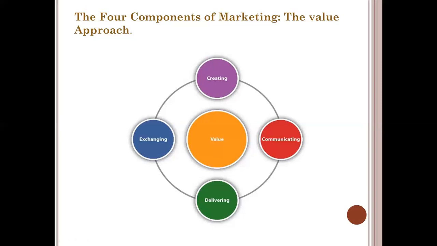Value is delivered in part through a company's supply chain. This supply chain includes a number of organizations and functions that basically mine, make, assemble, or deliver materials and products from a manufacturer to consumers.